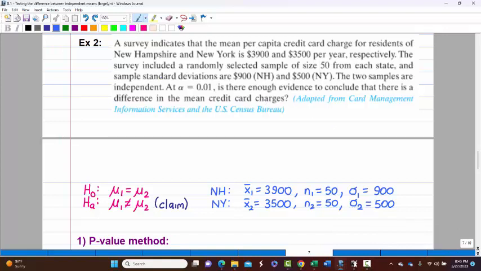Now it says sample standard deviations. I wrote them down as population standard deviations. That's okay, because this section is all going to be, like I said, because the sample sizes are more than 30. So even though I know that makes a difference in some of the other stuff we've been doing here, it's okay that I wrote it that way. Technically, it's probably S1 and S2, but it's okay.